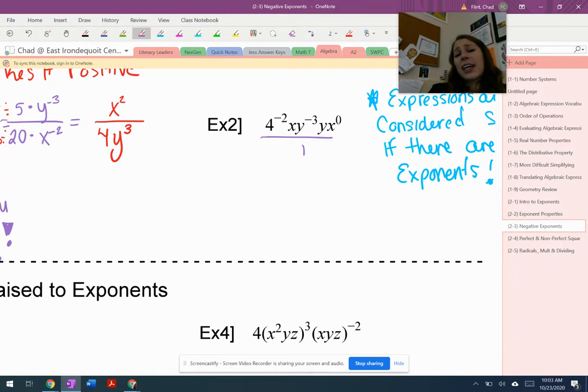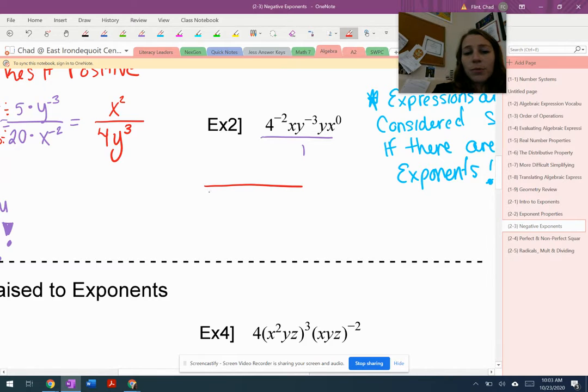It is on the top of the fraction, so to make it positive, that 4 to the negative 2 power needs to get moved to the bottom of the fraction. So 4 squared. Remember, when I move it, that's what causes it to change from a negative to a positive.